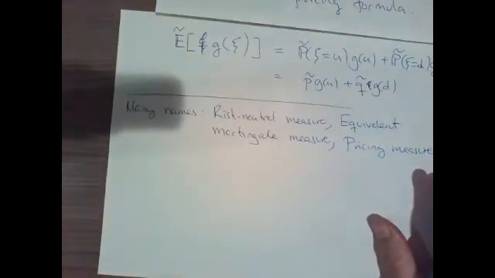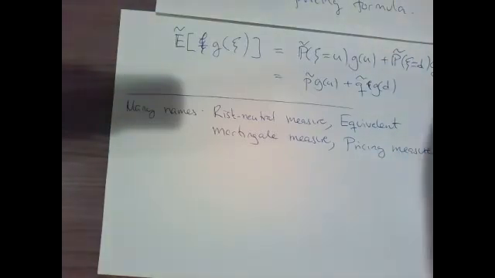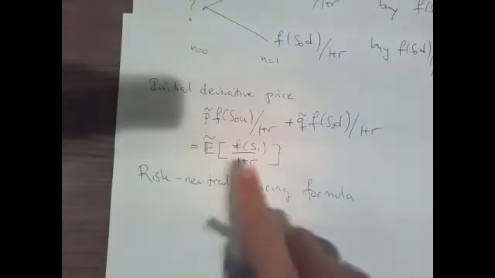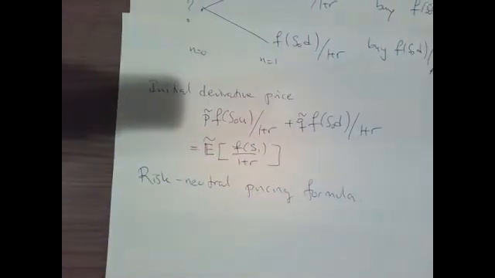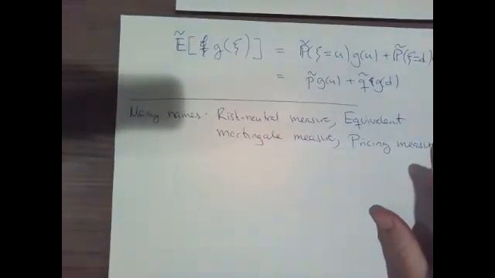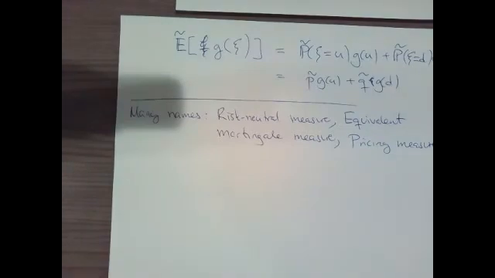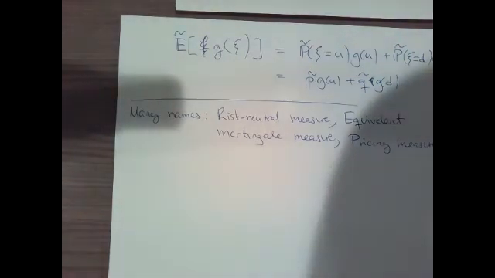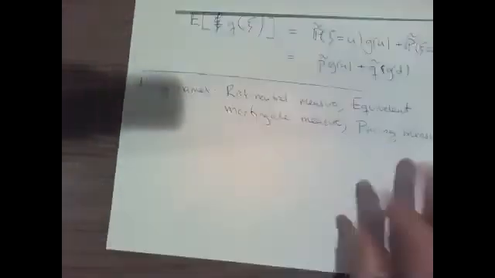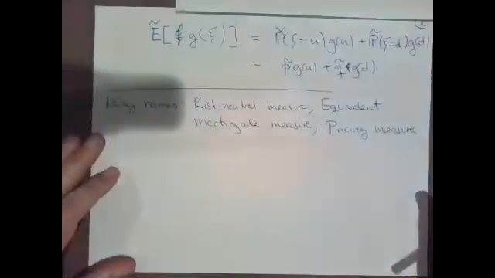And so it begs the question: okay, pricing measure, I get it. We compute derivative prices using the measure. But why is it called risk neutral? And why is it called an equivalent martingale measure? This is not so clear. Let me see if I can get it to work. I had worked out this calculation somewhere, so I'll see if I can work it out without making too many mistakes.